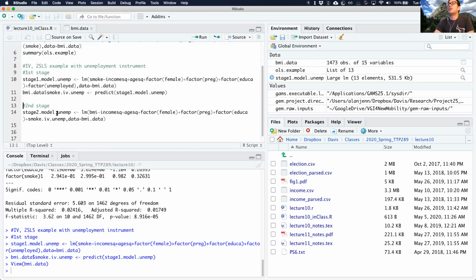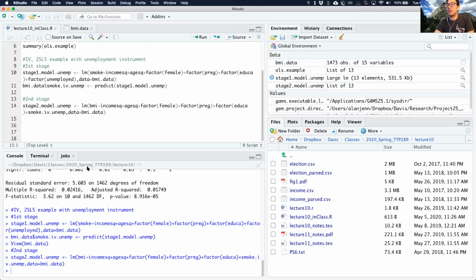Here in my second stage, I'm regressing BMI on income, age, whether or not they're female, whether or not they're pregnant, how much education they have, and then my predicted variable from the first stage. And so we can run this and look at these results.